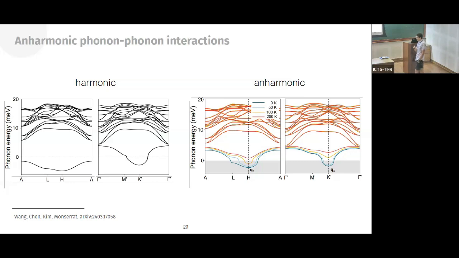So this shows that indeed these are the two dominant instabilities in the system. And as you increase temperature, these instabilities end up going away. Interestingly, at 200 Kelvin, both of them are gone. At 100 Kelvin, the Q2 instability is there, and at 50 Kelvin, the Q3 instability is also there.